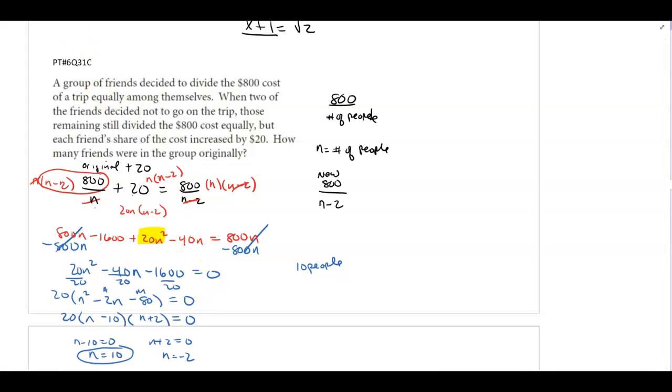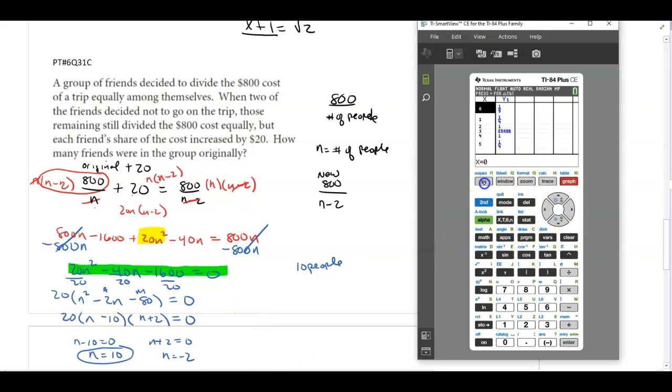But guys, once I get to this part here, do yourself a favor. Pull out the calculator, go to y equals, and plug in 20x squared minus 40x minus 1600.